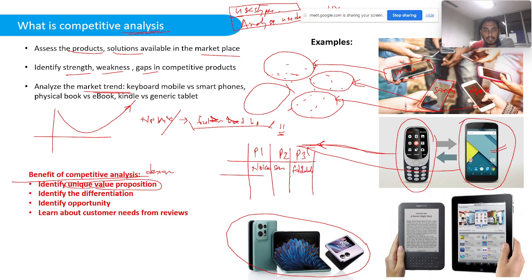Okay, now when you compare them against various features that you have in your mind, for example, you have feature 1, feature 2, feature 3, and you rate each feature for that particular product. For example, if your feature is touch, then Nokia you will rate low, like 1 out of 5. So there is no touch sensitivity.